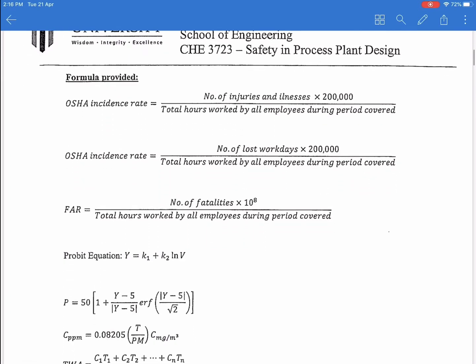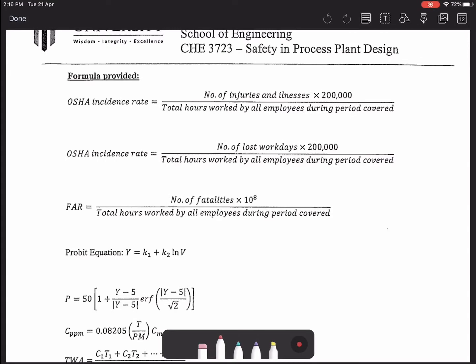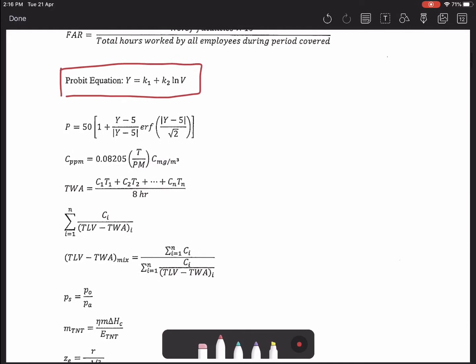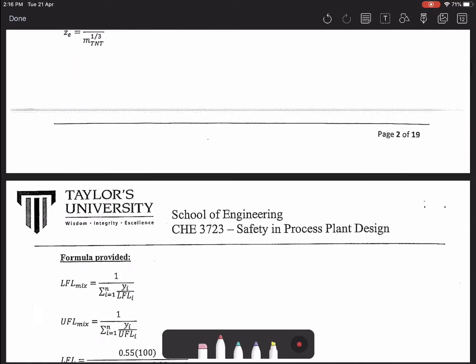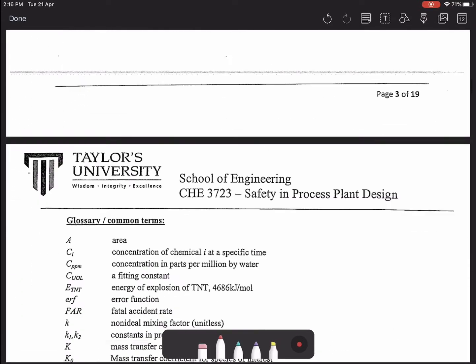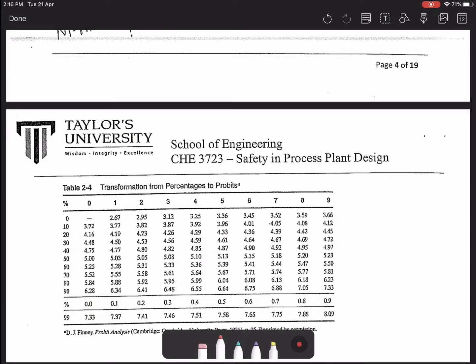So you can see from here, we are going to use a probit equation. Given here, Y equals K1 plus K2 ln V. And we are also going to use Table 2.4 and 2.5 to look for the data that we need. Okay, so let's go all the way down to Table 2.4.